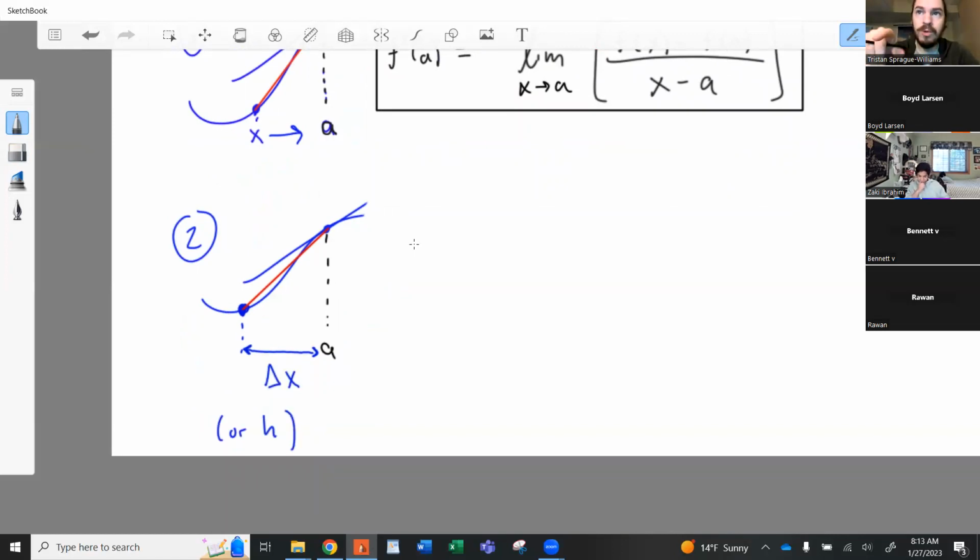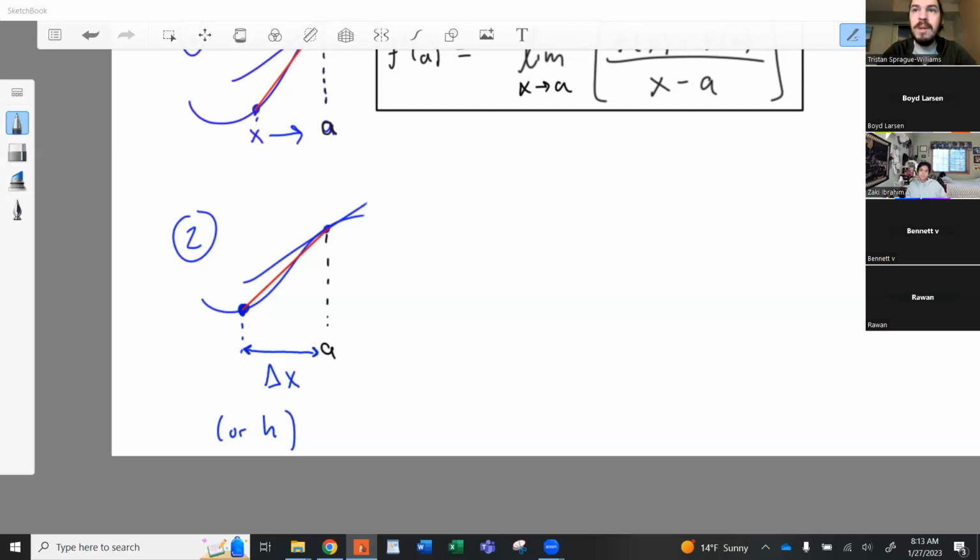So I have gone back and forth over the years on whether I like to use delta x or h. I have settled on using delta x. I prefer to use delta x because I think that delta x is more directly reflective of what it means. It's the change in x.